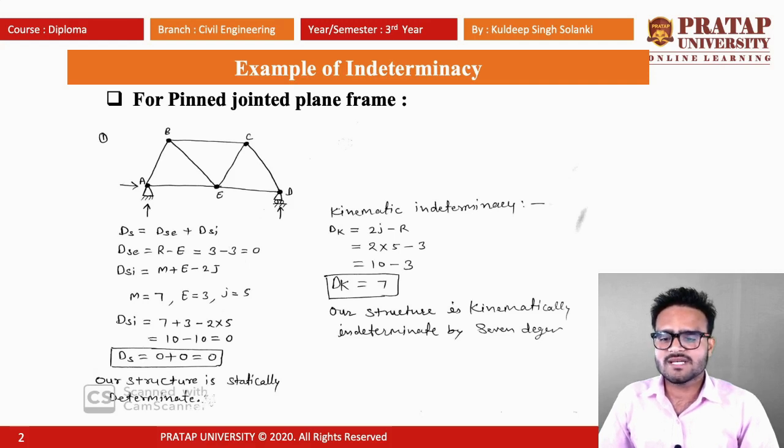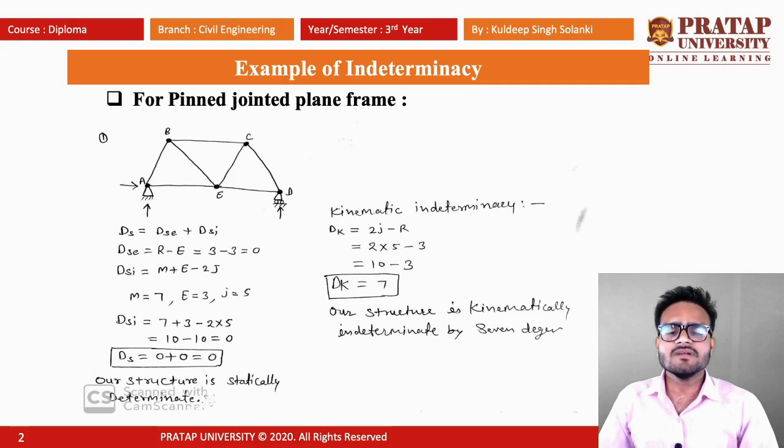So the value of DSI is 10 minus 10 equals 0. If we add DSE and DSI, we finally get 0. So we can say our structure is statically determinate, not indeterminate, because the value of DS is equal to 0. It is just a statically determinate structure, with no degree required.